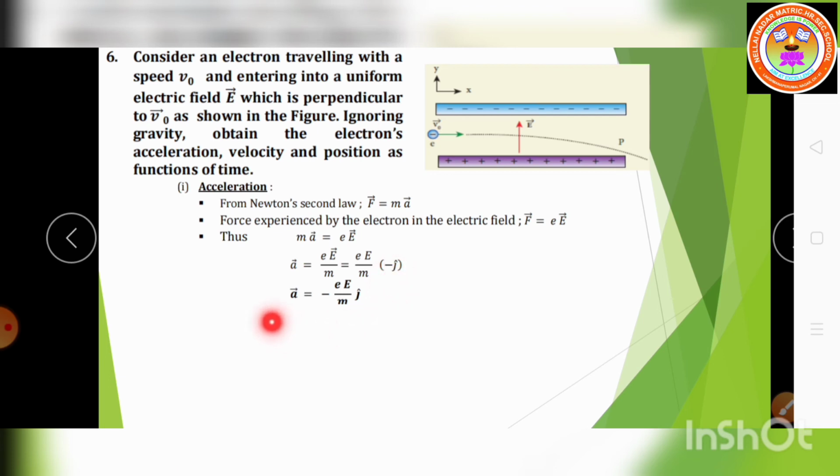Together we can write a vector is equal to minus eE by m into j cap.